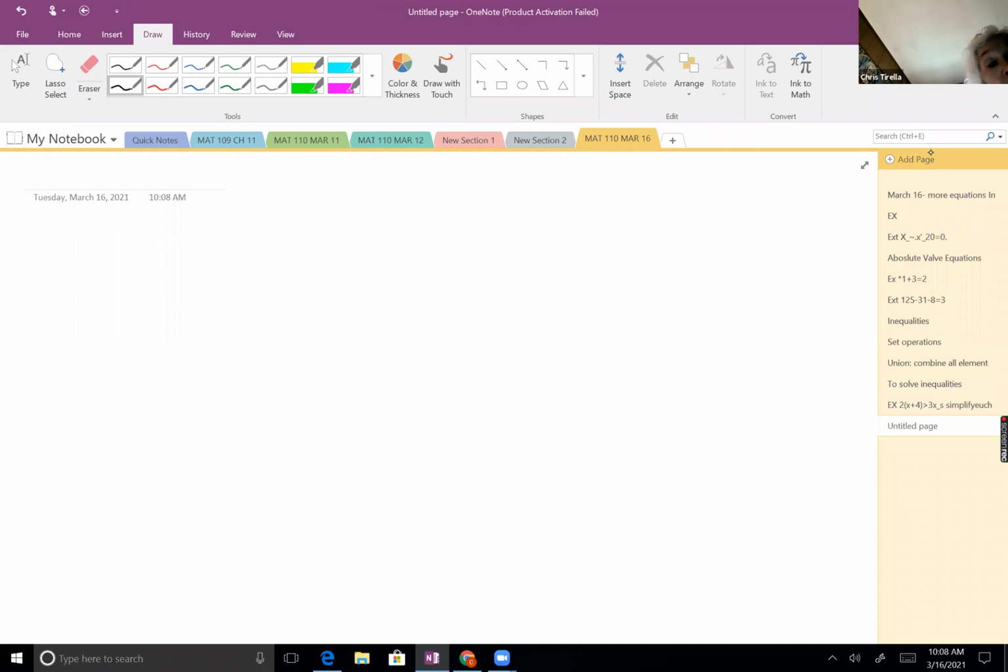Then, the next thing we're looking at are compound inequalities. When I look at a compound inequality, it's where I combine two inequalities into a single one.